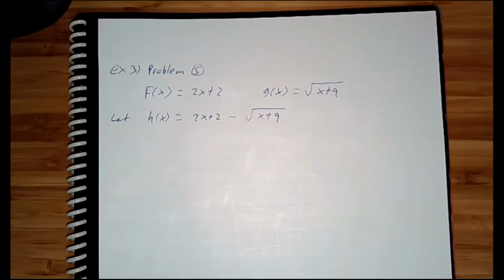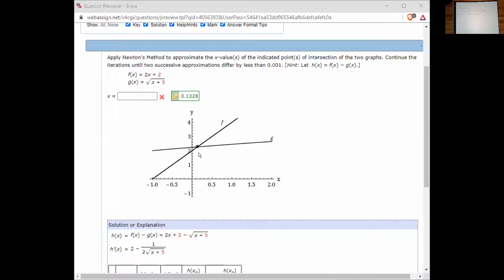So based on the graph, I mean, we can pick whatever we want. I'm going to pick something kind of close. It looks like it's somewhere below 0.5 and above 0. So we could use 0.2 or 0.1 maybe as our starting point, because they don't give us a starting point. It doesn't seem like.